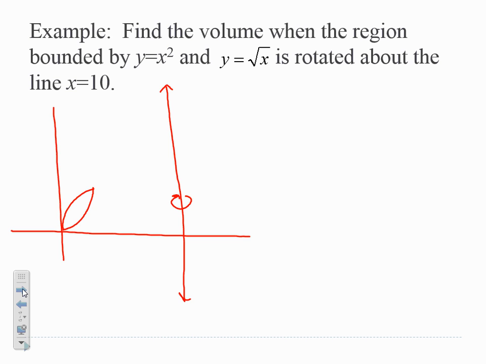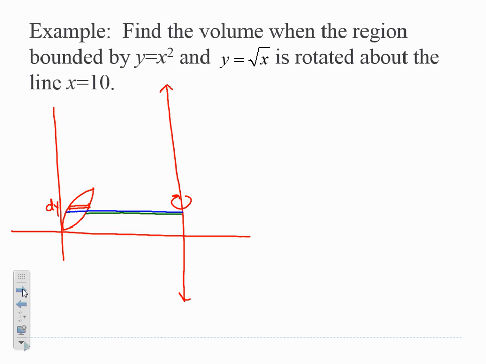Okay? Here's our reference rectangle with thickness dy. So, notice what happens when we draw in our two radii. Okay, so from function to axis, axis to function. Oh, they switch.